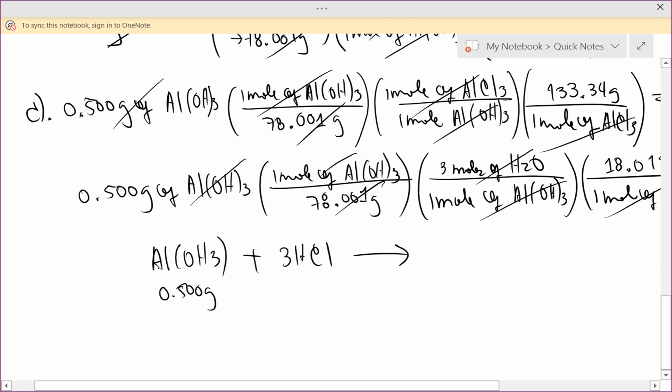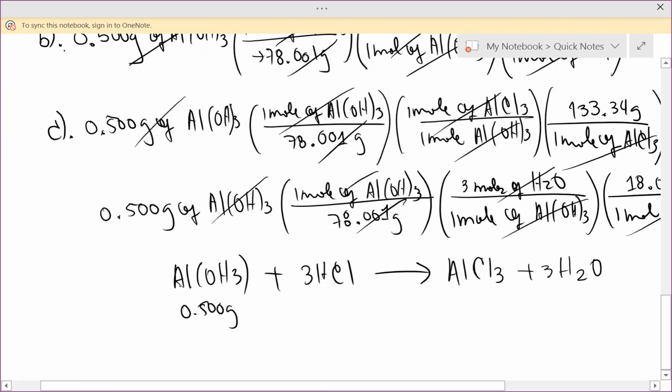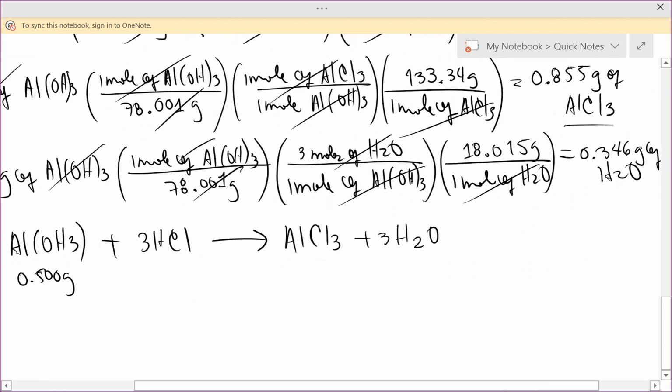This is equal to AlCl3 plus 3 H2O. So from part C, we got that we have 0.855 grams of AlCl3 and that we have 0.346 grams of water, right?